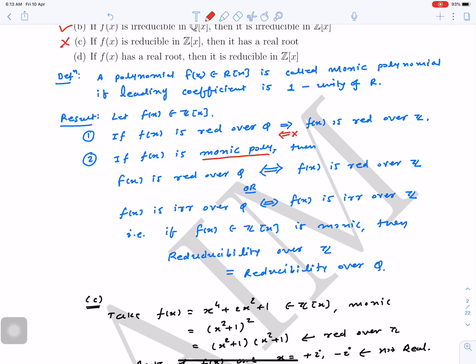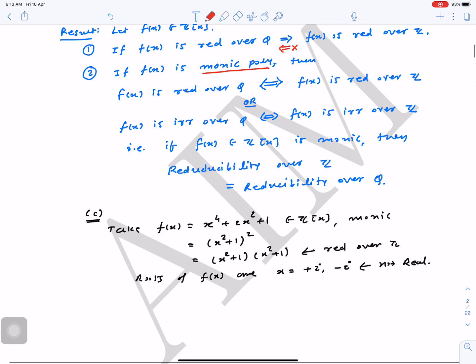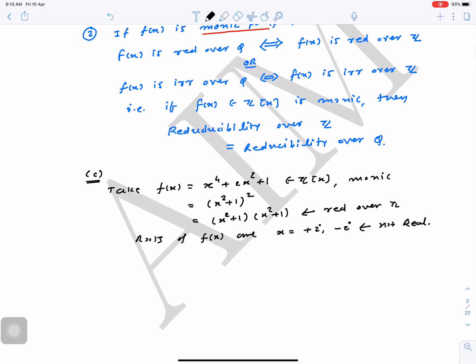Now what about option D? If f(x) has a real root, then it is reducible in Z[x]. Let us see. For option D, take g(x) equal to x squared minus 2. Then it is in Z[x], it is also monic, and the roots of g(x) are plus or minus root 2.